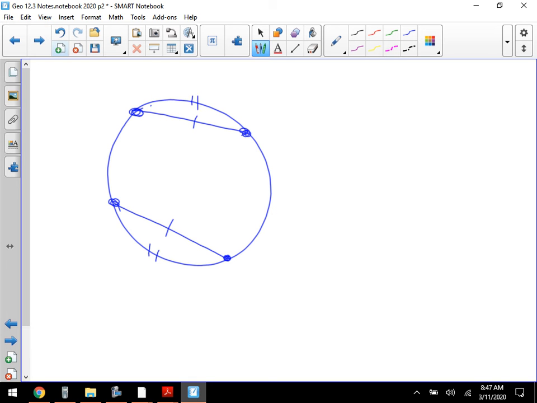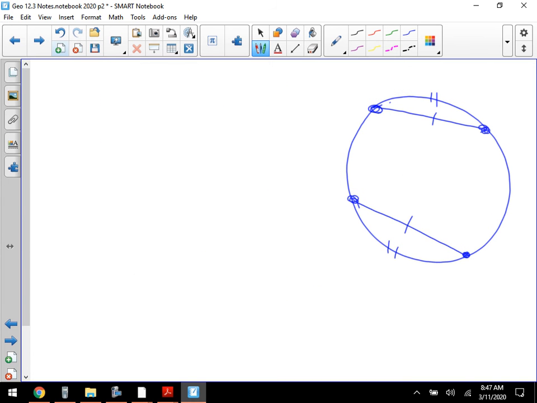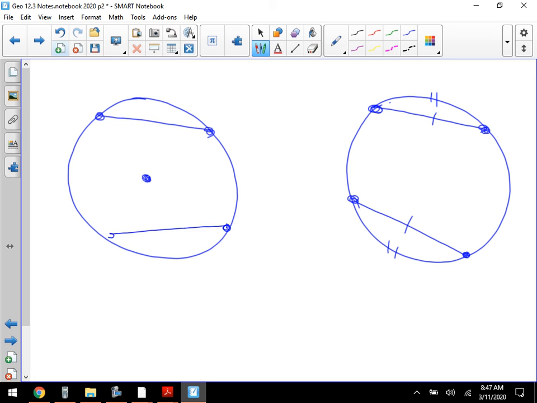We also knew that if your chords were the same, they were always equidistant and perpendicular to the center. Does that vaguely ring a bell? I think it's getting better, right?